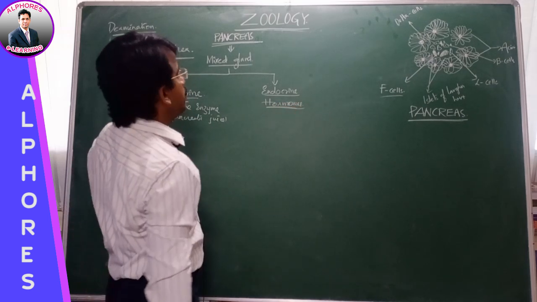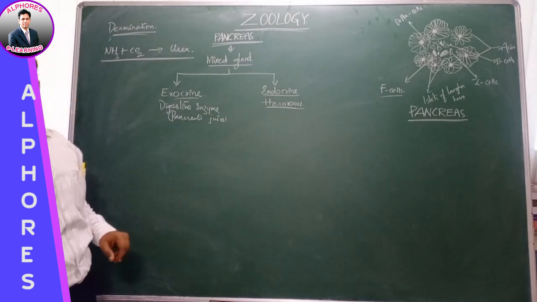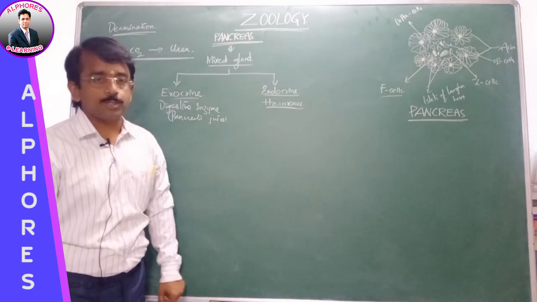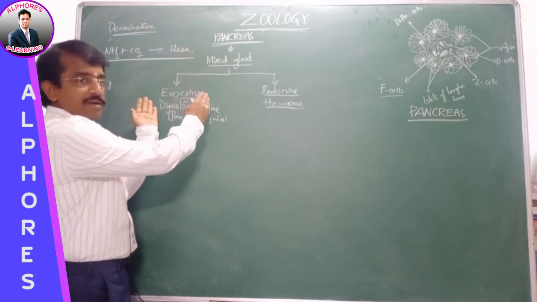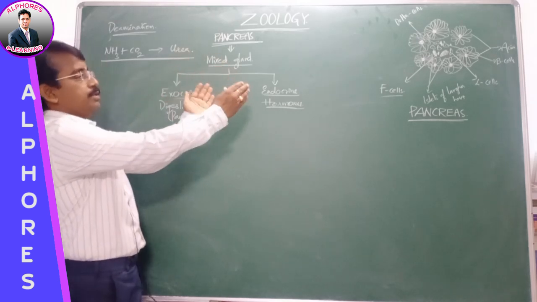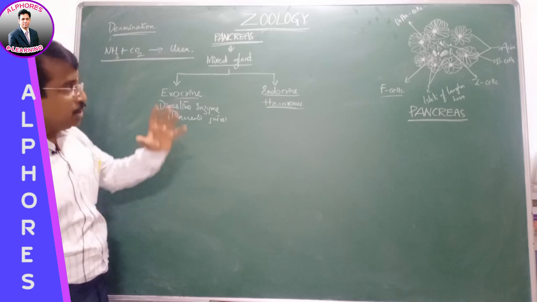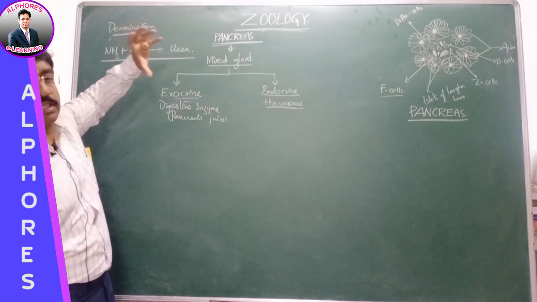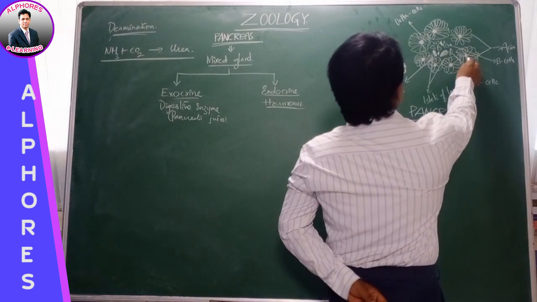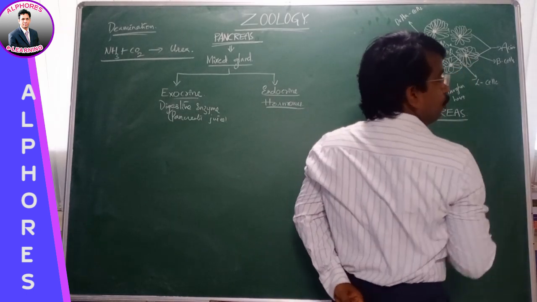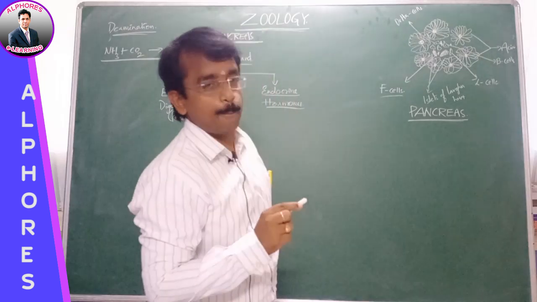Basically, about 1 million cells are present in the pancreas, which include both the pancreatic juice secreting cells as well as the endocrine cells. Generally, the pancreas is a mixed gland which includes the exocrine part, which contains the lobes called the acini.